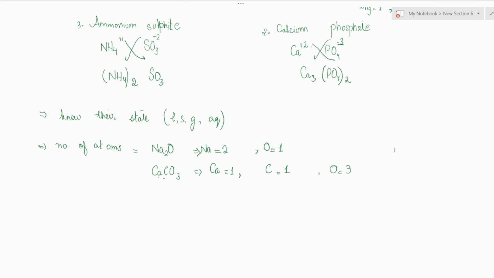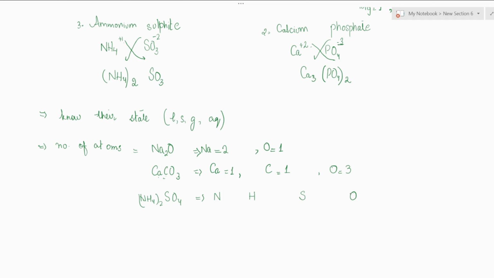Okay, let's talk about the ammonium sulfate. First of all, tell me what type of atoms are present. You can tell the symbol. N, okay. Hydrogen.